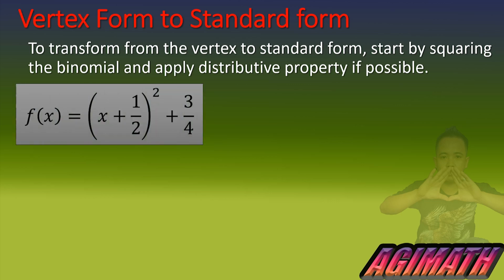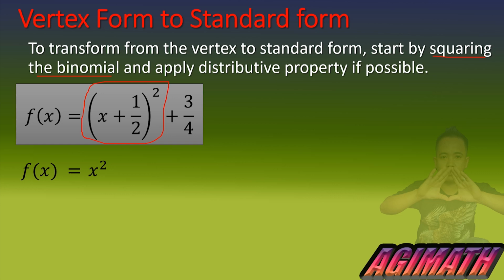Okay, let's use our answer from earlier, and we are going to transform it back to the standard form. So you have f of x equals x plus 1/2 squared plus 3/4. The first thing we are going to do is square the binomial, meaning we are going to evaluate x plus 1/2 squared.